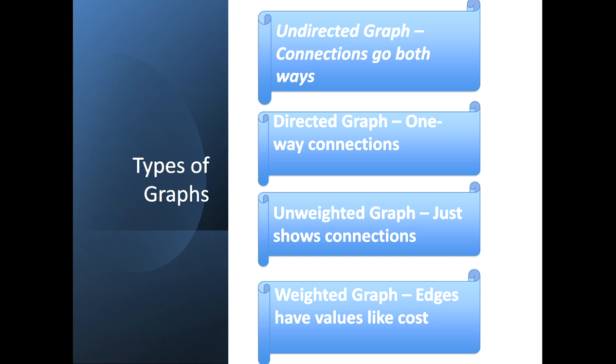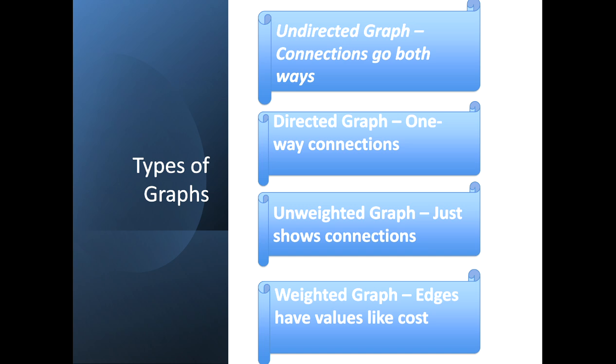Distance is another value that an edge can have as part of a weighted graph. And the unweighted graph is the fourth type of graph. It just shows connections without the cost or distance as a value on edges. That's about types of graph. Let's discuss further in the next video.